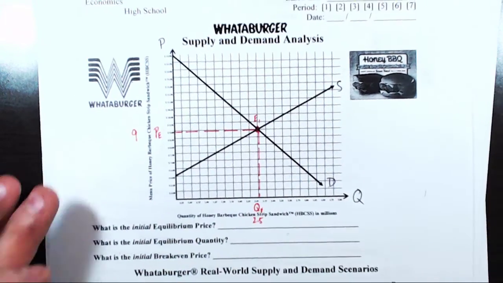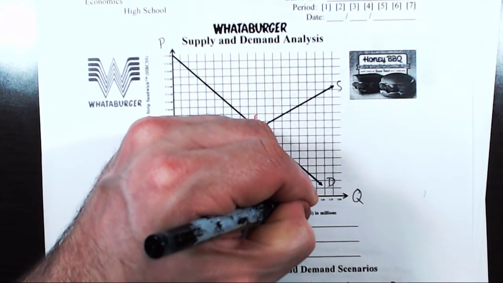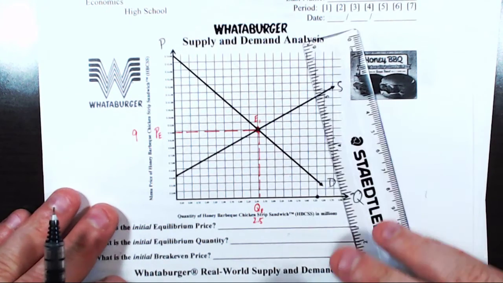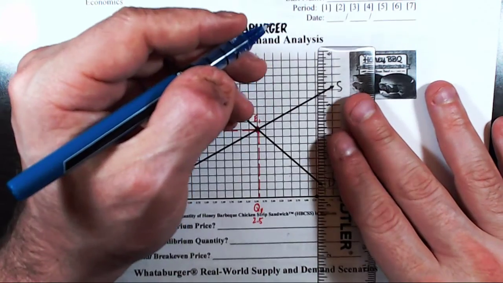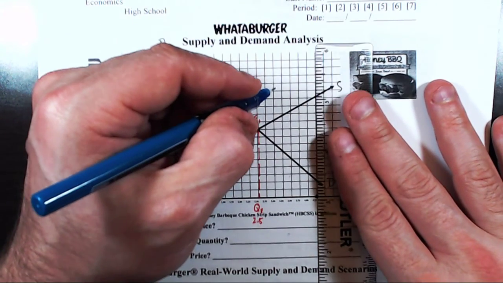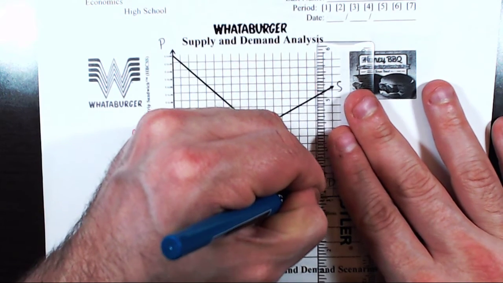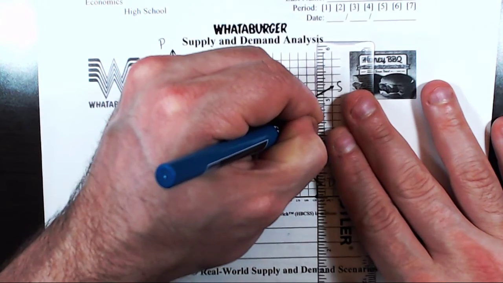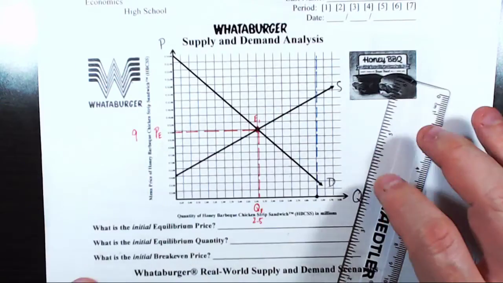So locate 4.25 million on your horizontal or quantity axis, and then what you're going to do is extend up this point all the way through your graph to see where it hits the lines. Okay, so just put it all the way up through.